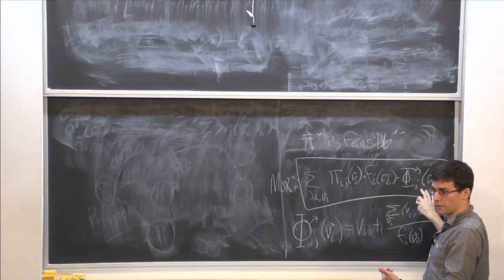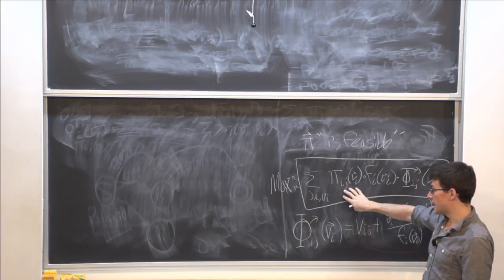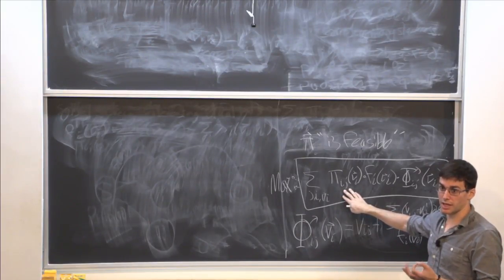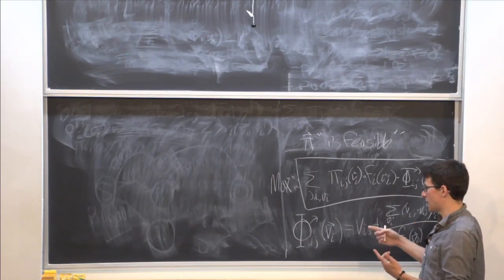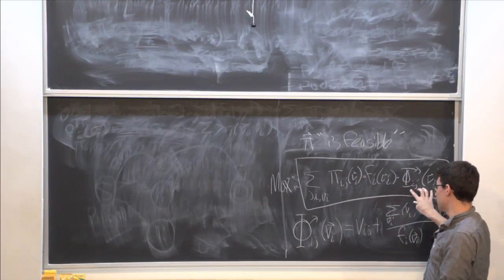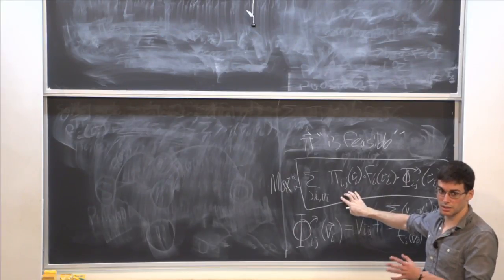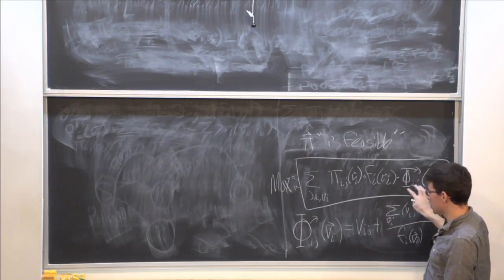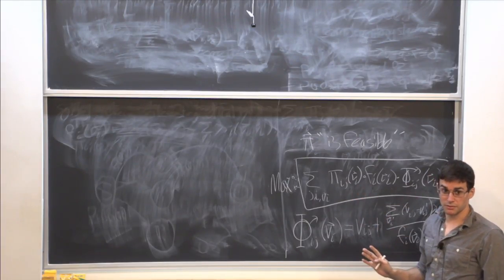If this is negative, I want to set pi ij to be 0. If this is 0, then maybe I have to set it strictly between 0 and 1 to satisfy complementary slackness for the optimal mechanism. As an aside, this is where randomness comes from. Randomization comes from the fact that maybe this is 0, and in order to satisfy complementary slackness, you need to be clever here. But definitely, whenever this is positive, this better be 1, and whenever this is negative, this better be 0.